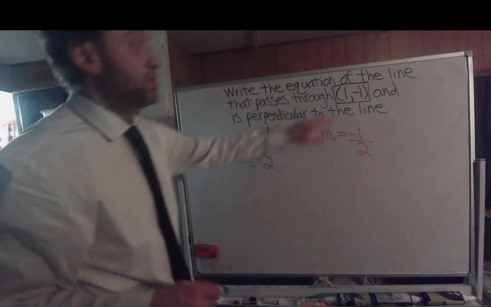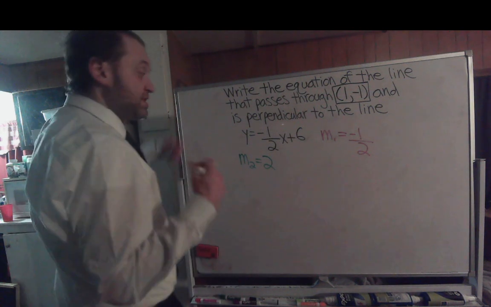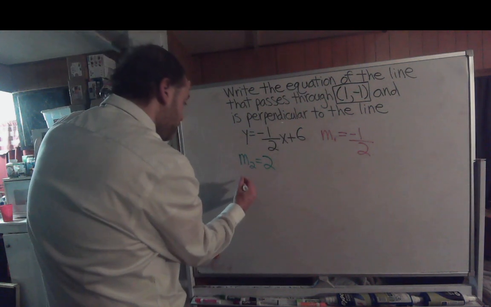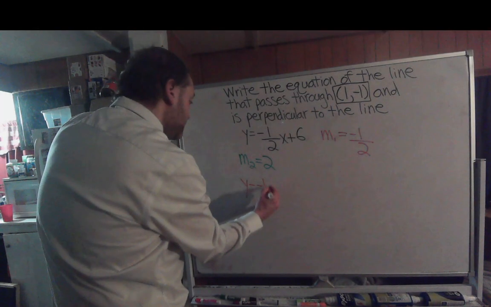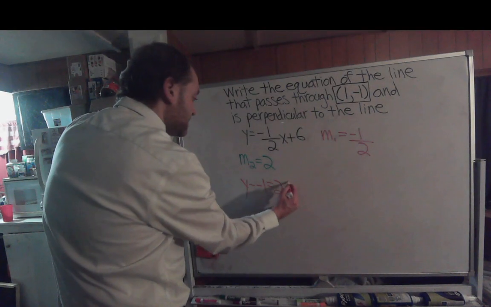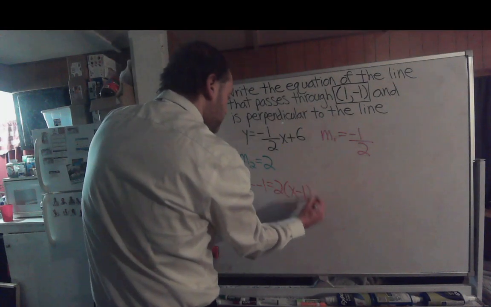Now we just need to put the point (1, -1) into our point slope form. So take y minus your y coordinate of -1, set that equal to your slope times the quantity of x minus your x coordinate of 1.